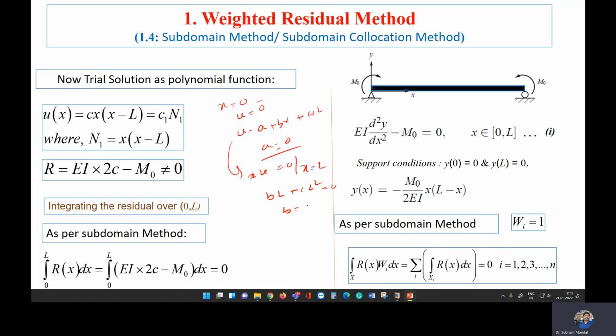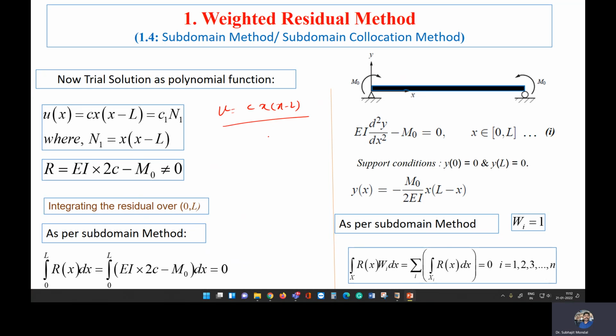From there, b is equal to minus cL. Now if you put the values here, you obtain a trial solution with only one unknown parameter. So we get u is equal to c x into x minus L.